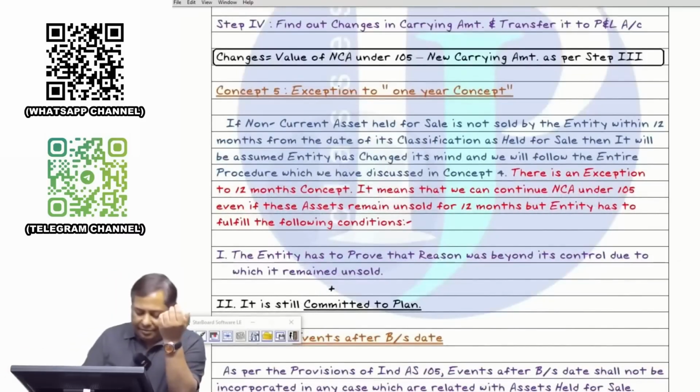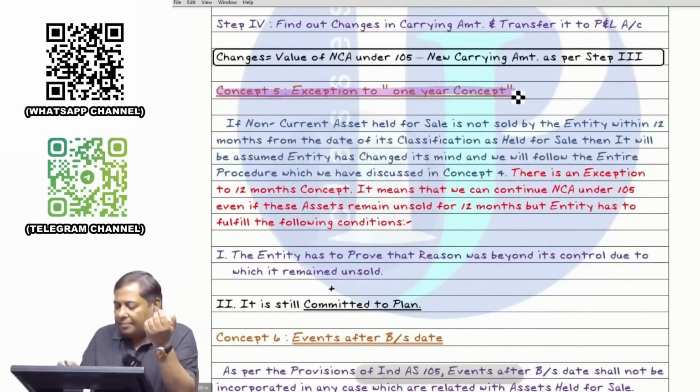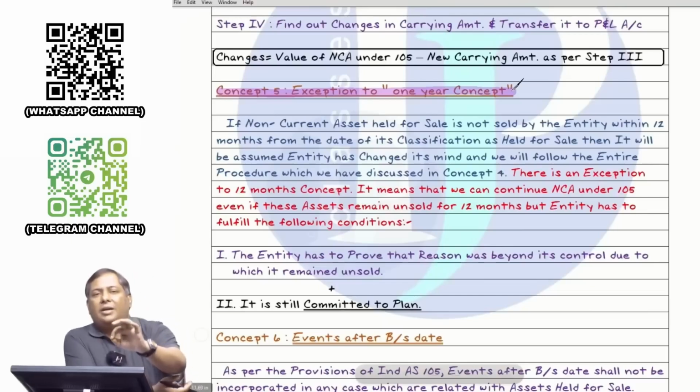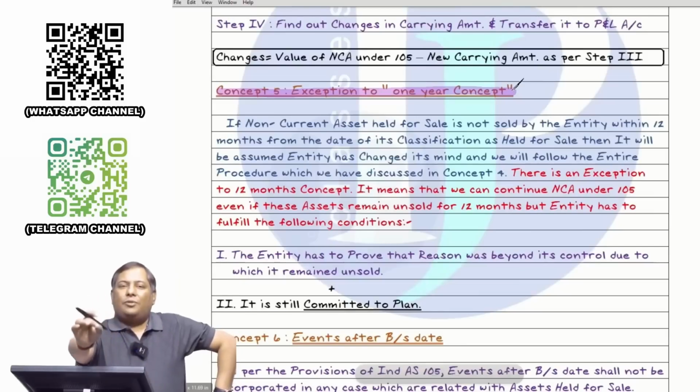Now concept 5. This is our 5th concept. What was taught in this? So students, I taught that if any entity is unable to sell its held for sale assets within 1 year, then we have declared an asset is held for sale. The condition is that the procedure should be completed within 1 year.